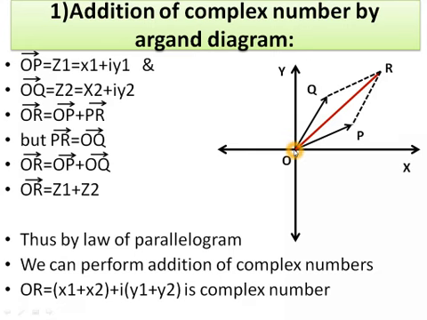So the vector OP that has been shown over here, let us call it Z1. It is x1 plus iy1. The second complex number is represented as the second vector, that is OQ. We call that OQ as Z2. It is x2 plus iy2 here.